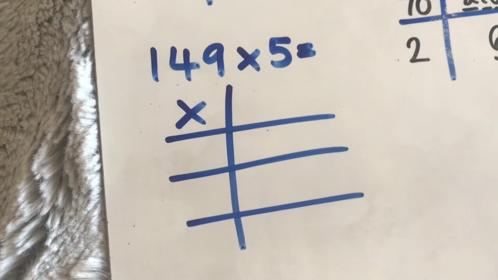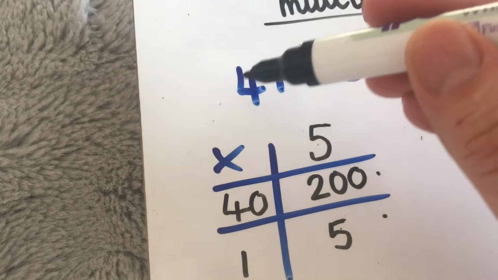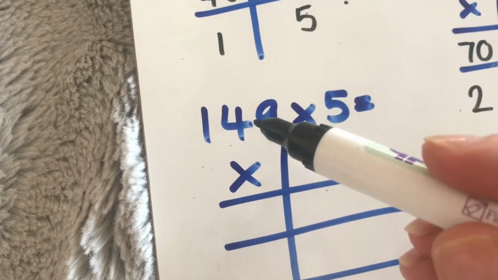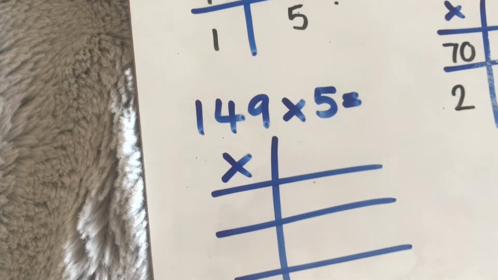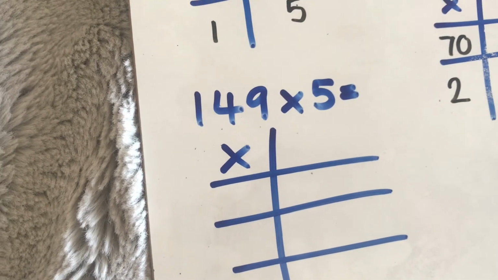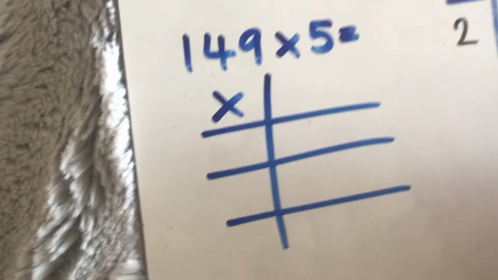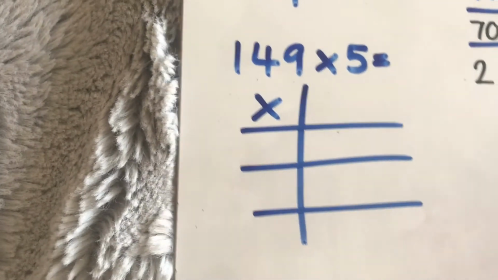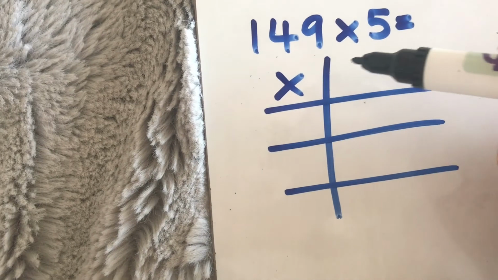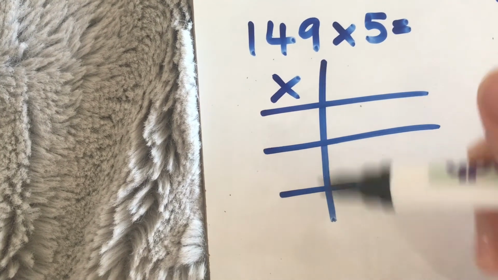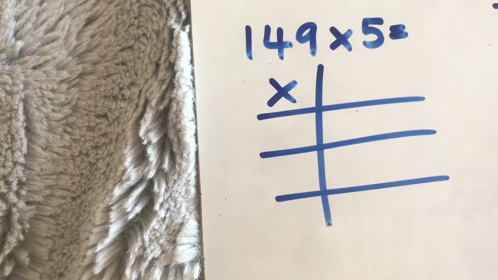This time, instead of having a 2-digit number, I've got a 3-digit number multiplied by a 1-digit number. I've got 149 multiplied by 5. Let me help you put your numbers in the correct place, but you might have already done it. This time when you're drawing your grid, Y3, you need 1 vertical but 3 horizontal lines.